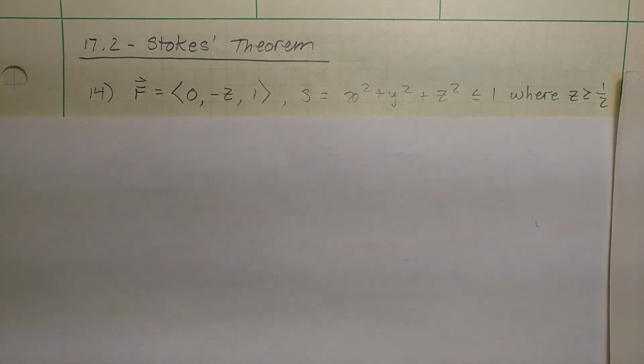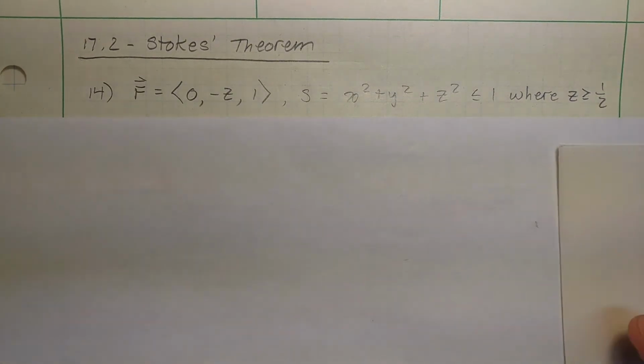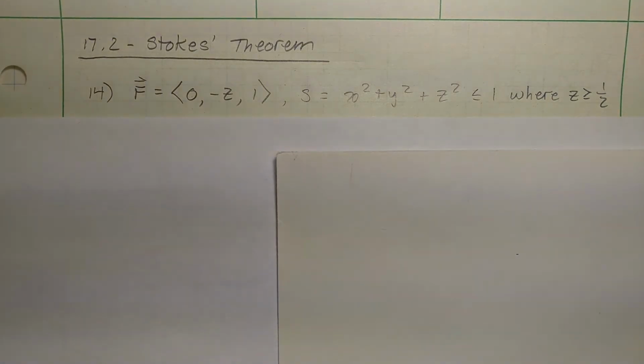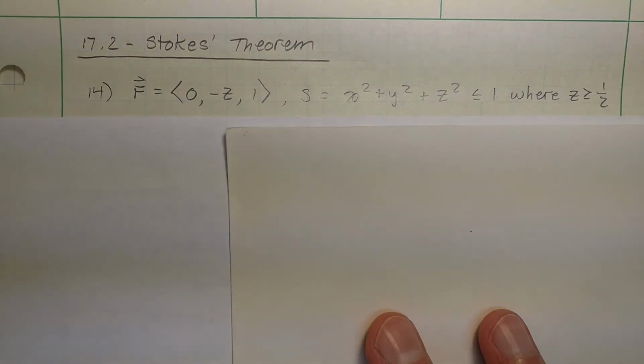The book doesn't give a picture of it, but I think you can picture it pretty easily. I will break down part of it here, but I'm not going to try to draw a picture of the whole thing. The first thing it asks us to do is evaluate the double integral over the surface of our vector field dot dS. It's directly a surface integral.